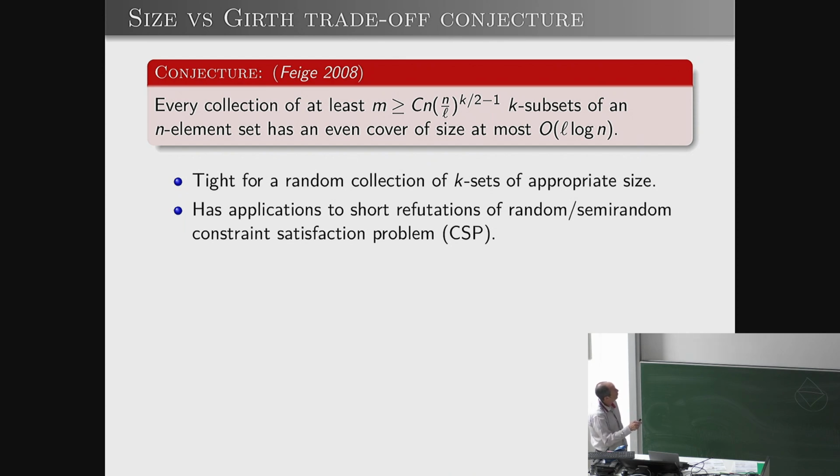For example, if you have a random instance of a computer science problem, say satisfiability, for people who know what satisfiability is, you have a random formula and you want to persuade me that it is not satisfiable. Is there at least a small certificate which you can show me, which will show that it is not satisfiable? These questions appear there. Okay?